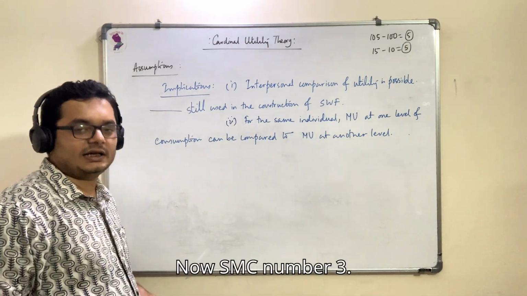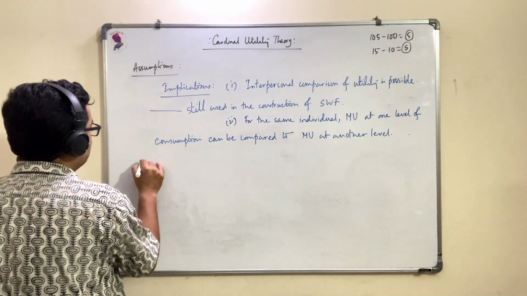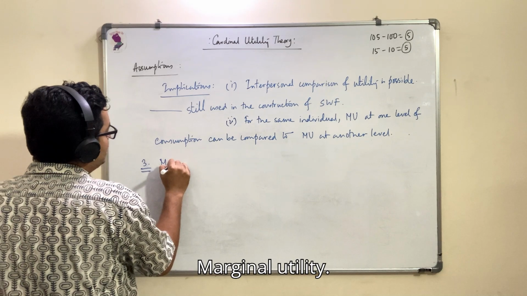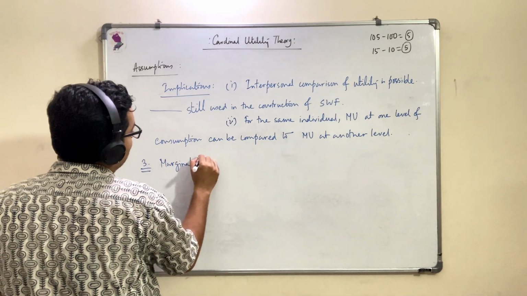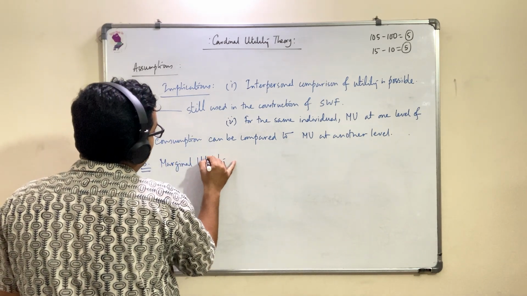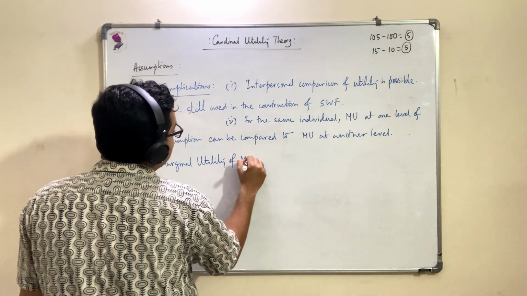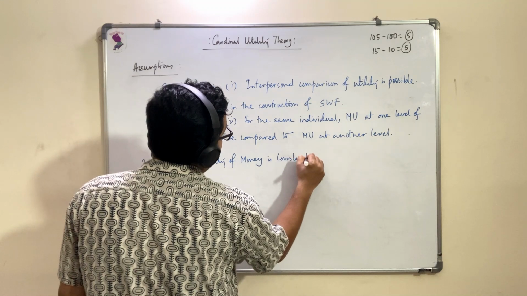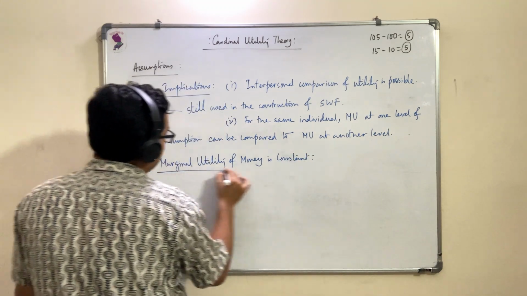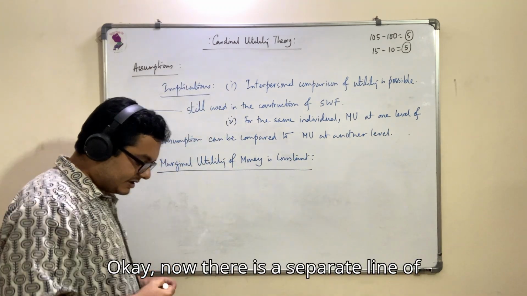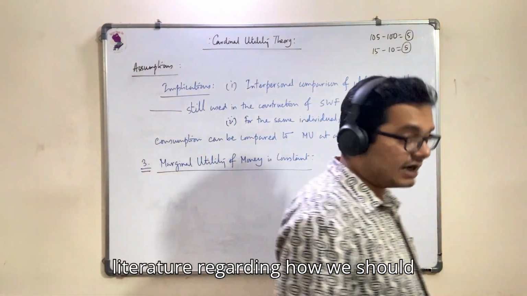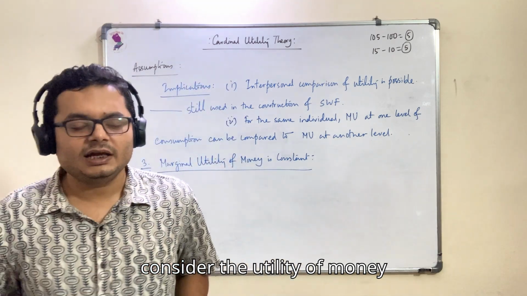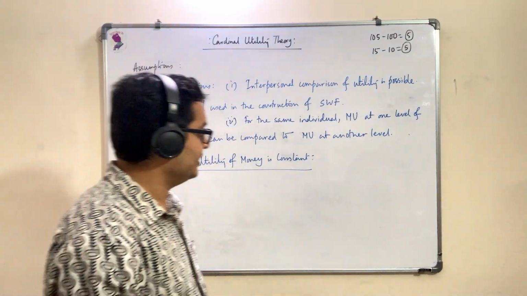Now, assumption number 3. Marginal utility of money is constant. Now there is a separate line of literature regarding how we should consider the utility of money and not money itself, right?